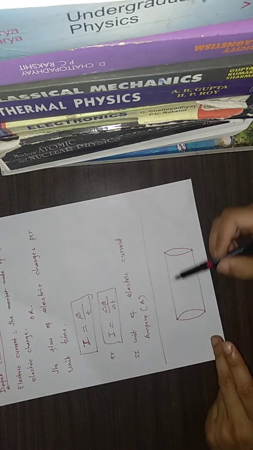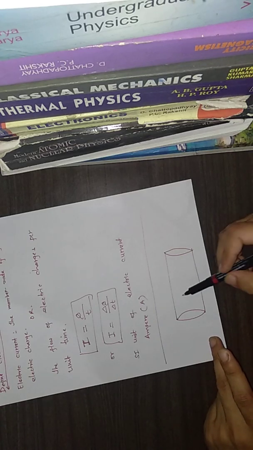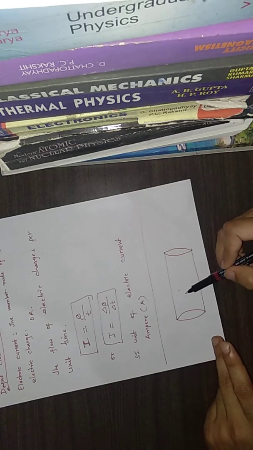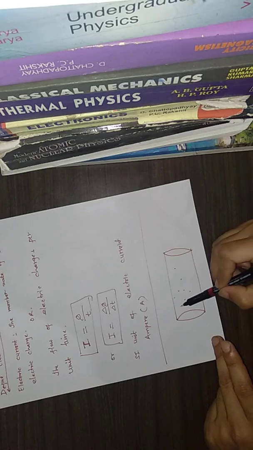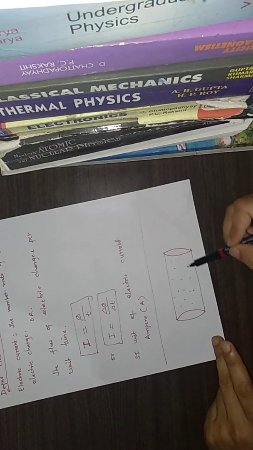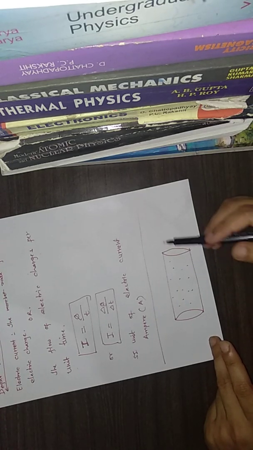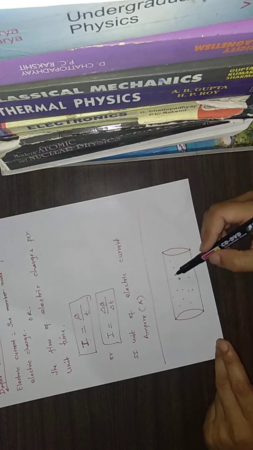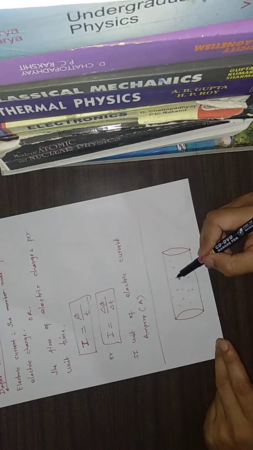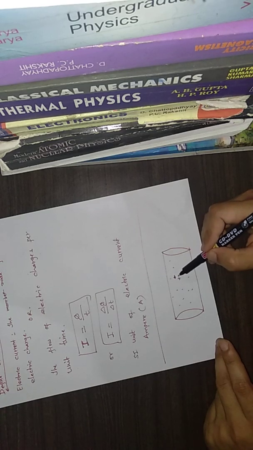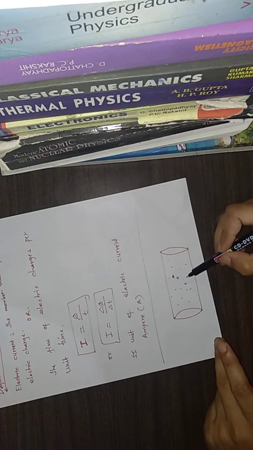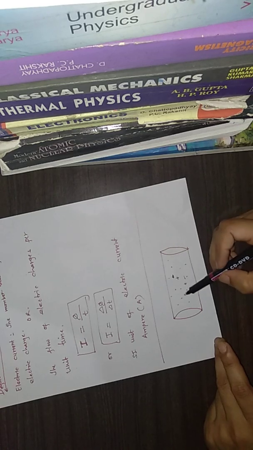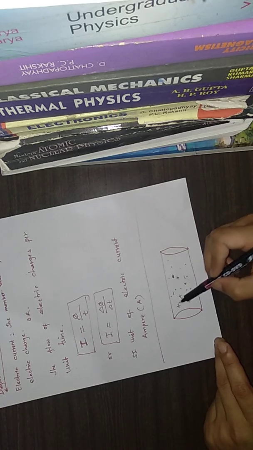For example, if this is some conductor and you have atoms in there, and if you see microscopically, you have positive ions or positive centers and electrons, which are negative, revolving around them. So positive centers and negative charges revolving around them.